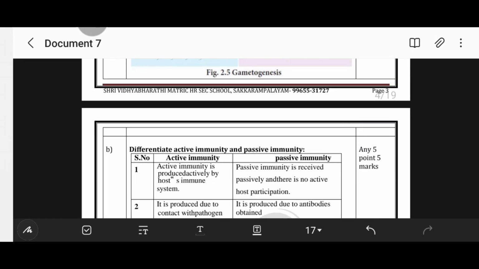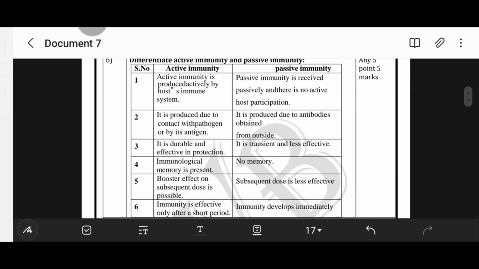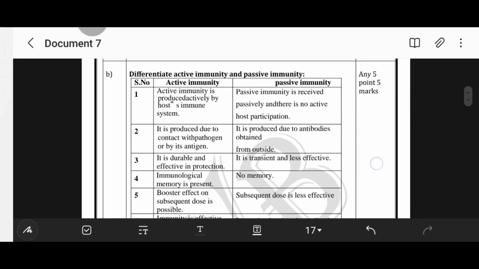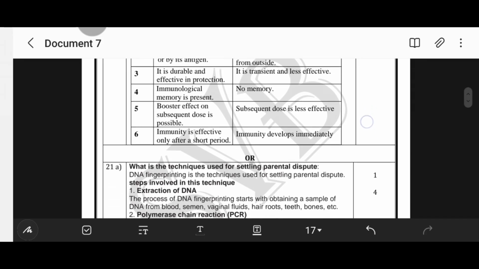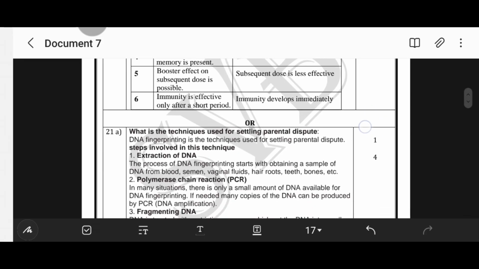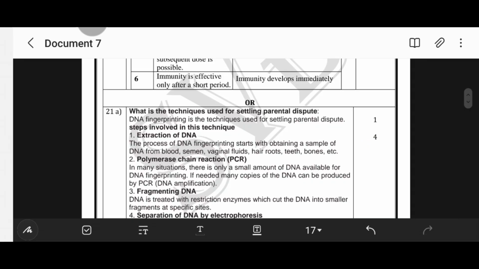20B: differentiate between active immunity and passive immunity. In our book, a total of 6 points are present. We have to write any 5 points for 5 marks. And then 21A: what is the technique used for settling parental dispute?